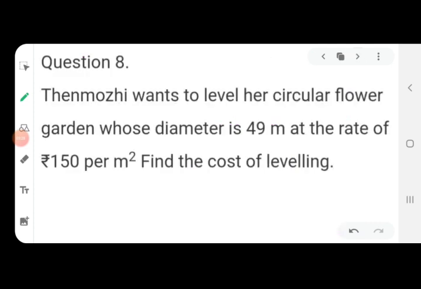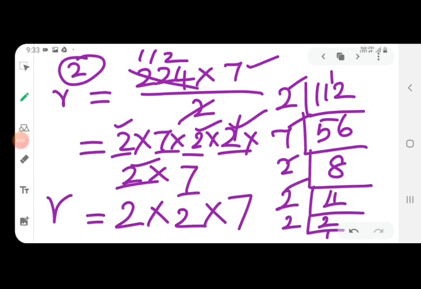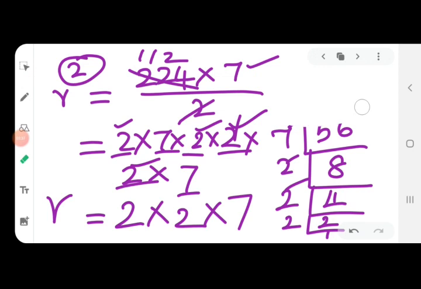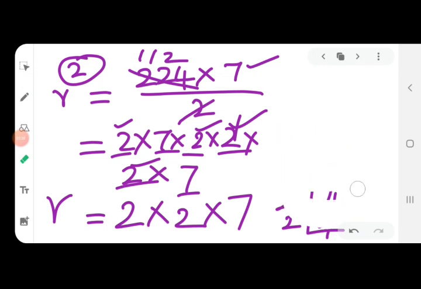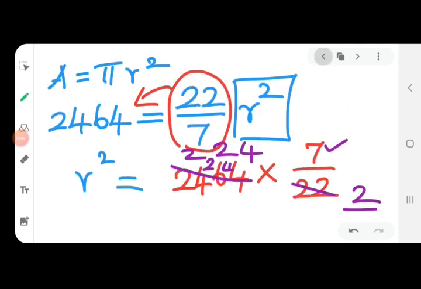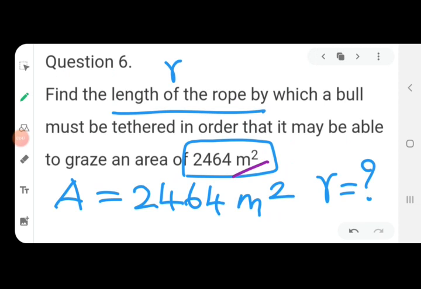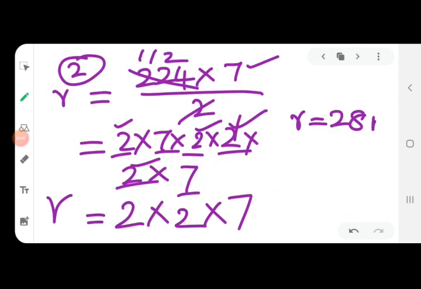So R equals 2 2s are 4, 4 7s are 28. Our R value is 28. The given unit is meter square, so R is in meters. This is our final answer.